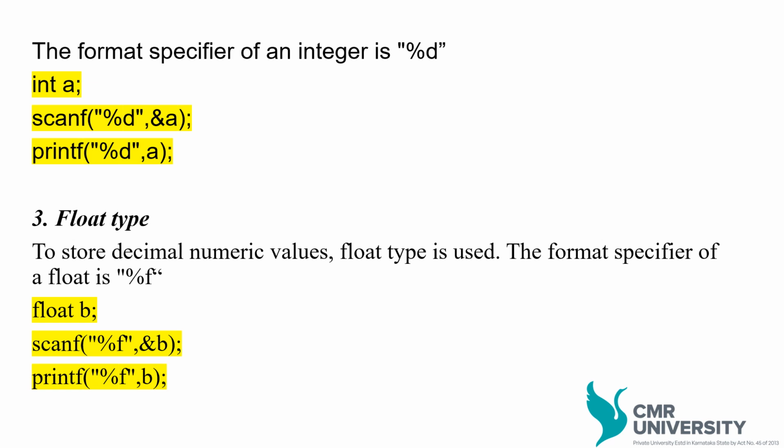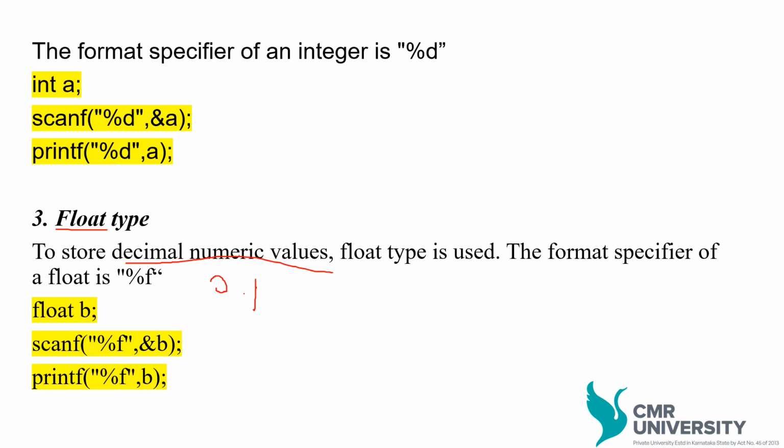And next, the third type is float type. It is used to store decimal numeric values. The integer type, as we studied here, does not store decimal values, which means numbers like point 0, point 1, point 2 it won't store. So to store those, we have another type which is float. Here it stores decimal numerical values like 0.1, 0.2, 0.3.